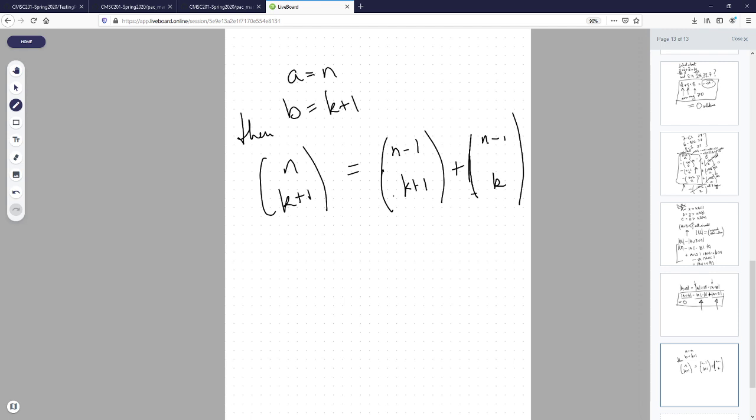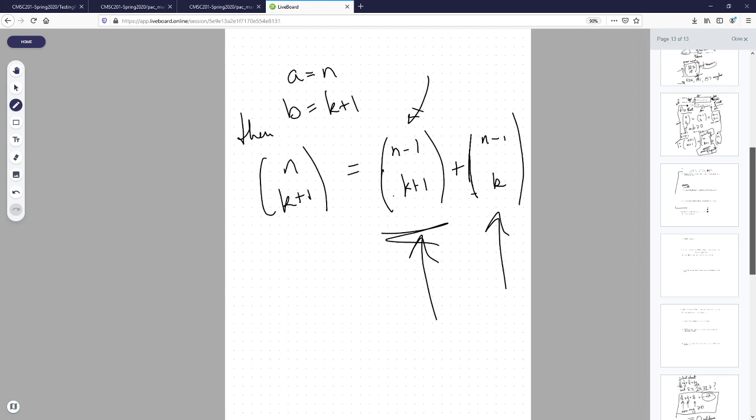And then the same thing, right? So then you end up with this term where, well, I don't even want to do it. I just want you to do it. But that's the point: this term is now, instead of being n choose k plus 1, it's n minus 1 choose k plus 1. Well, what is this term? And then do it again and again and again until you can't do it anymore.